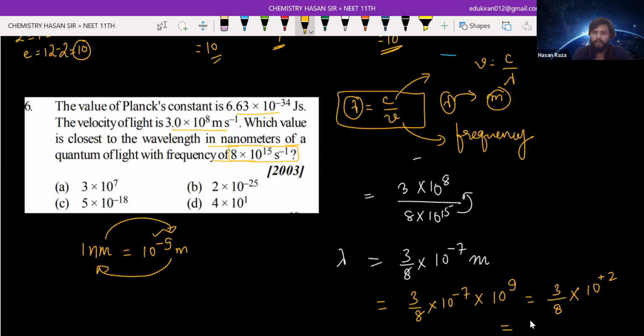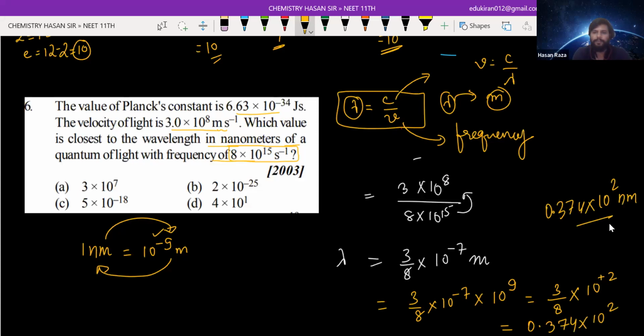That means if you are going to solve it, you will get something into 10 raised to the power 2. So that means we can write 0.374 into 10 raised to the power 2 nanometer.